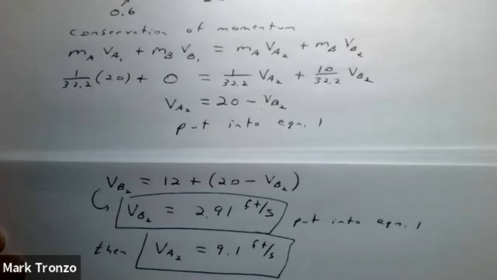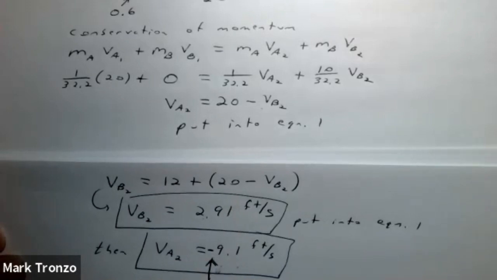This has to be negative. Yeah, sorry, this has to be negative when you put in the equation. I was going to say that could hardly work if they're both going to the right and A was going faster than B. But if you work this out and put this back into equation 1, this will come out negative, yes. So that would be to the left.